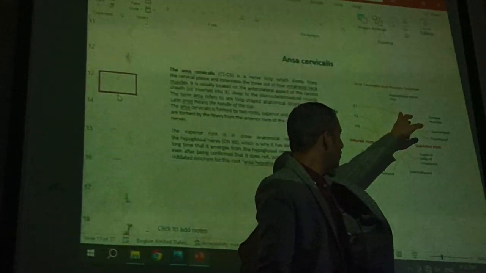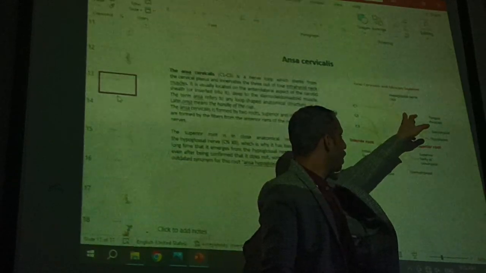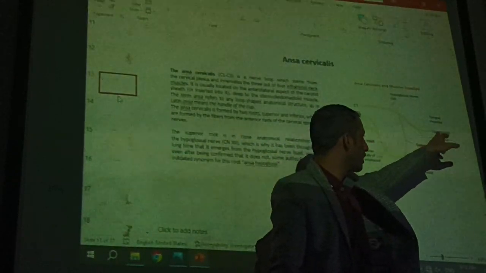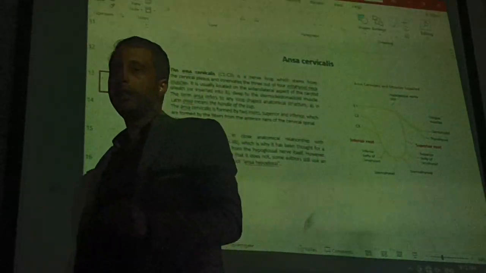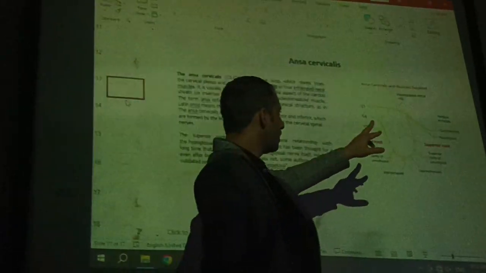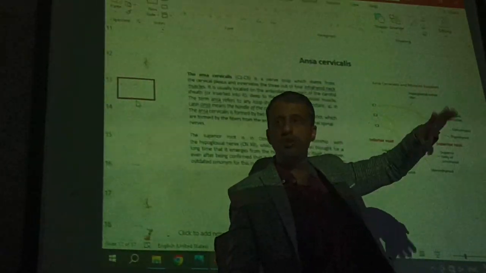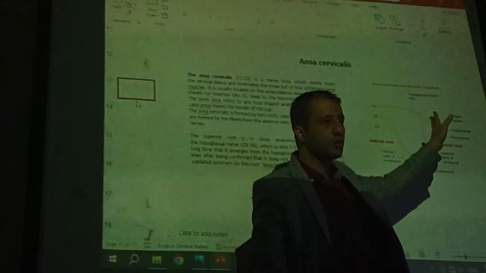This branch which travels with the hypoglossal nerve connects to the geniohyoid muscle and thyrohyoid muscle. Geniohyoid and thyrohyoid are the muscles located in the floor of the oral cavity. These two muscles are connected with the C1 branch traveling with the hypoglossal nerve.